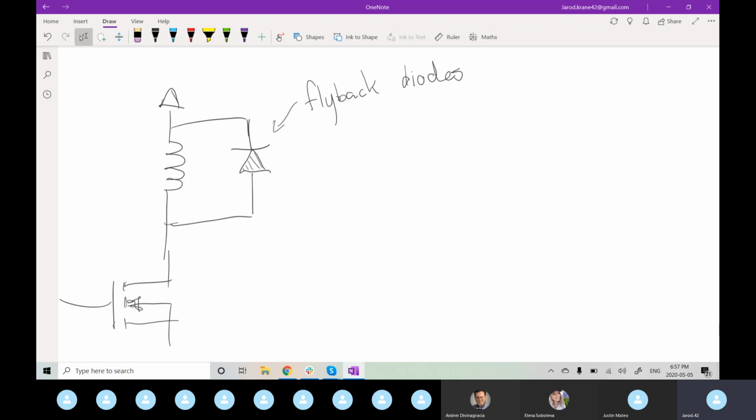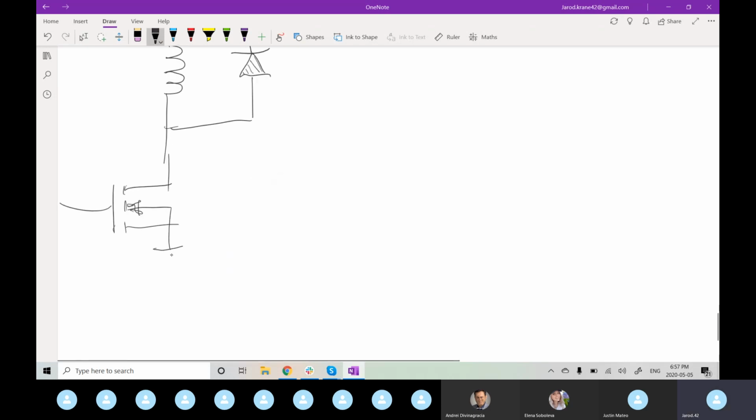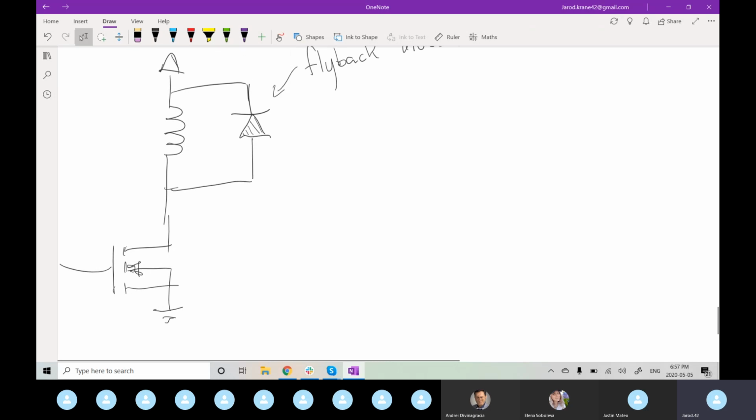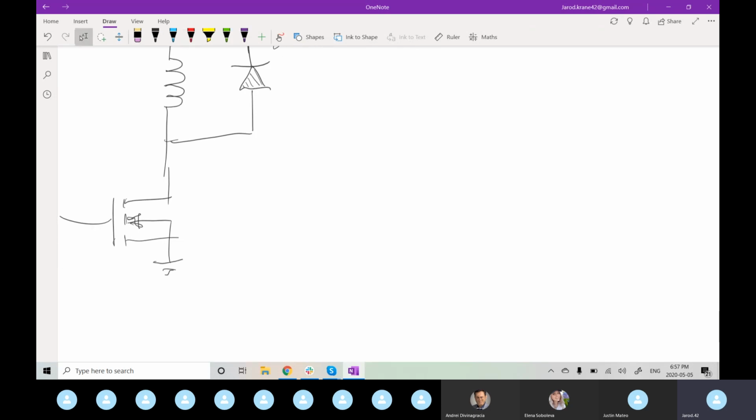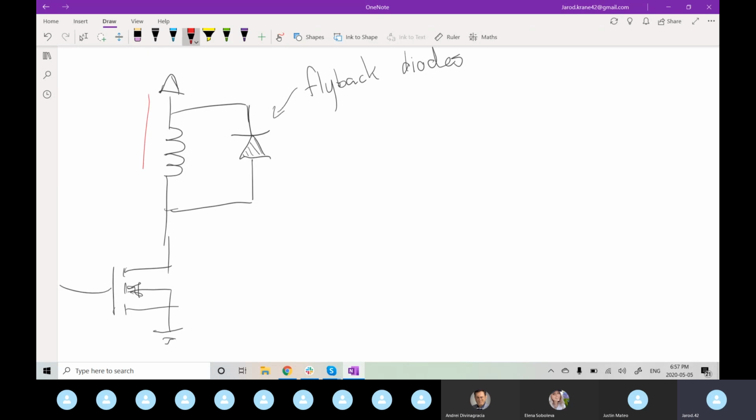So the basic function of it, if this is, say, a simple electromagnet or any high inductive load, current will typically just flow through the system.